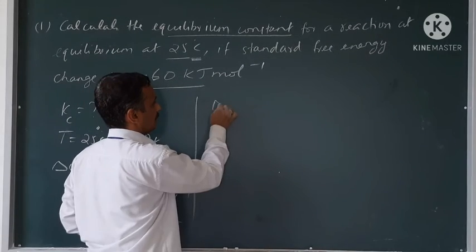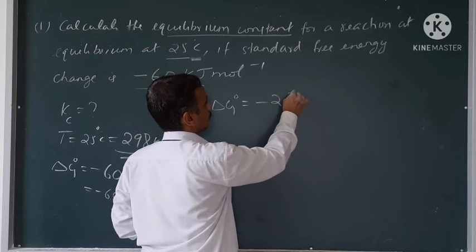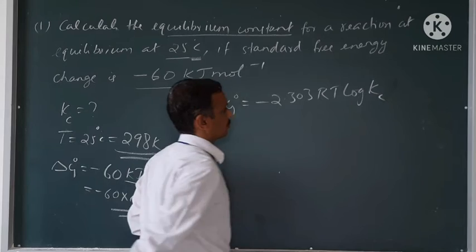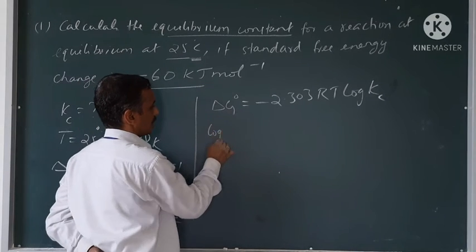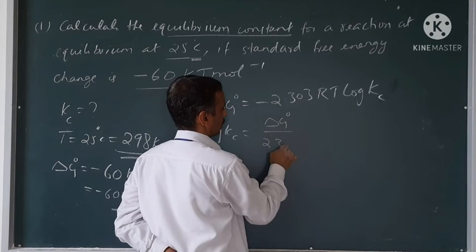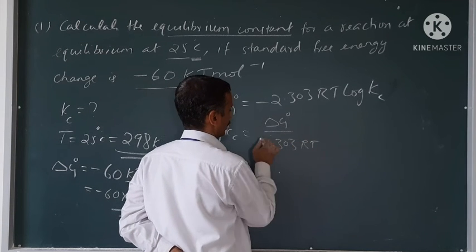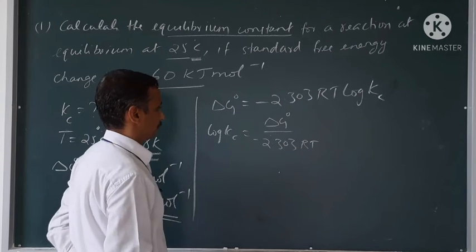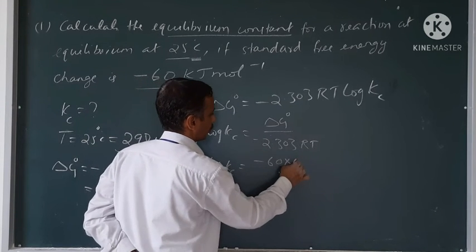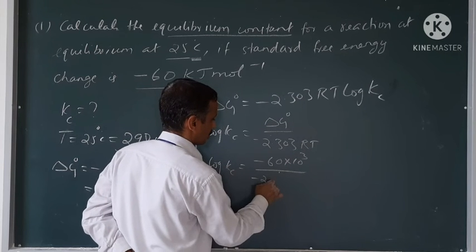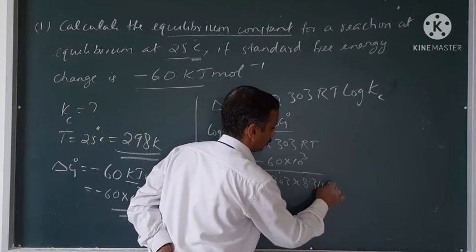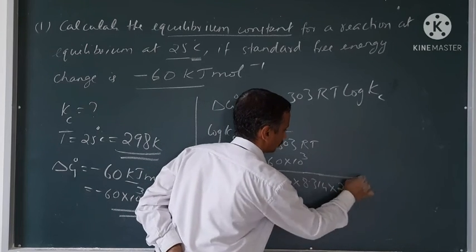Now, delta G naught is equal to minus 2.303 RT log K. So log Kc is equal to delta G naught by minus 2.303 RT. So log Kc is equal to minus 60 into 10 to the power 3 divided by minus 2.303 into 8.314 into 298.